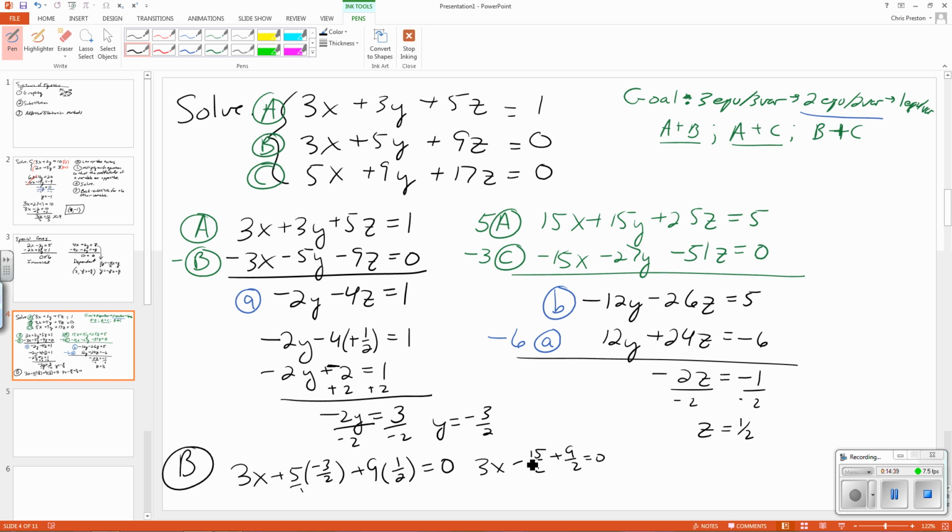That'll be negative 6 divided by 2 is negative 3. Add 3. 3x equals 3, divide by 3. x is 1, y we said was negative 3/2, and z is positive 1/2. And there's my ordered triple, three-dimensional point, length, width, height.